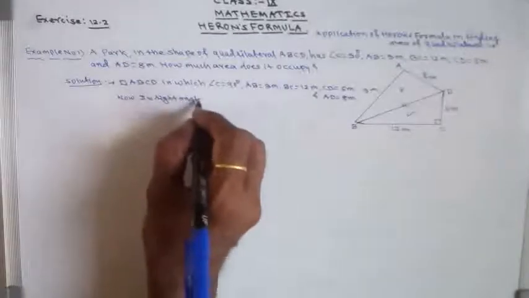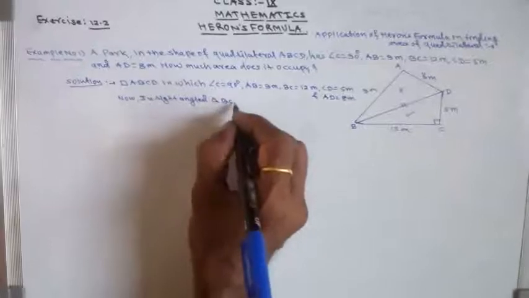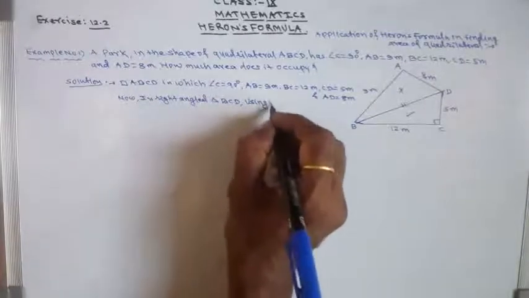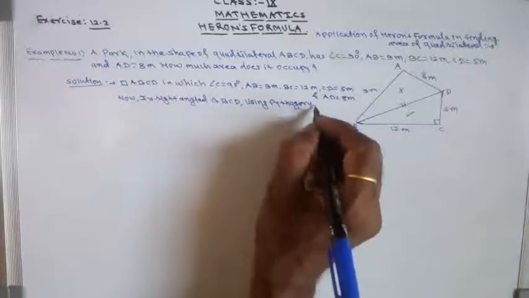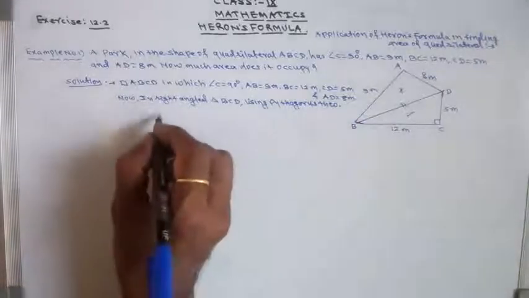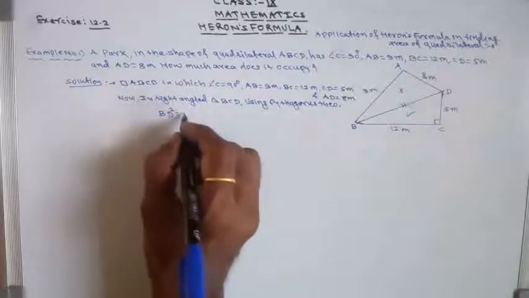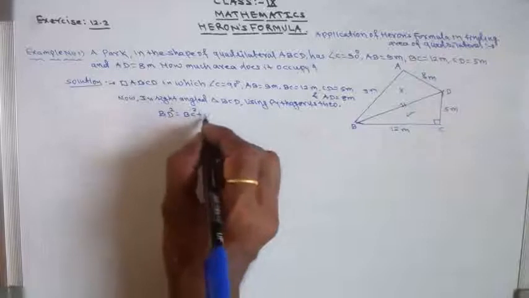Now in right angled triangle BCD, using Pythagoras theorem, BD square equal to BC square plus CD square.